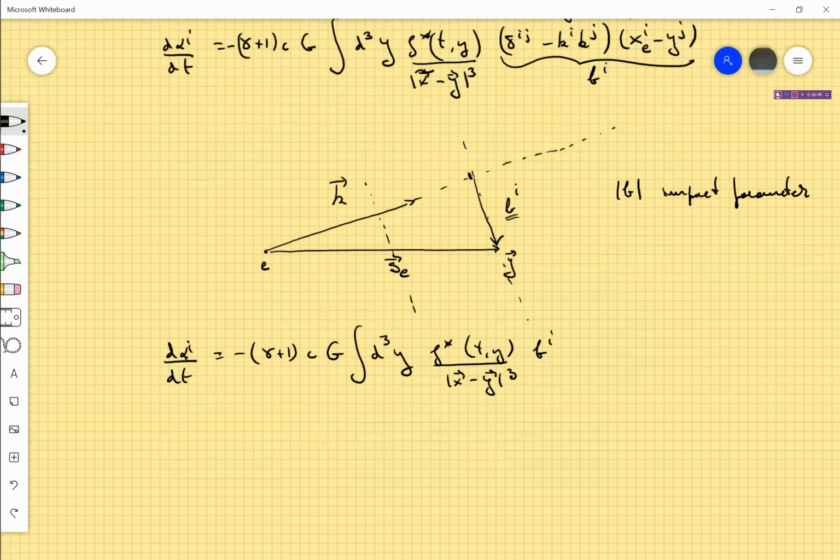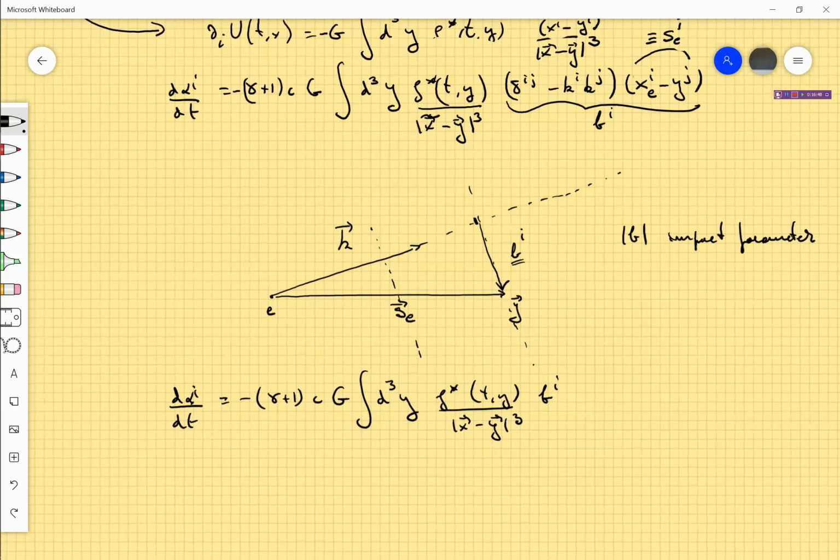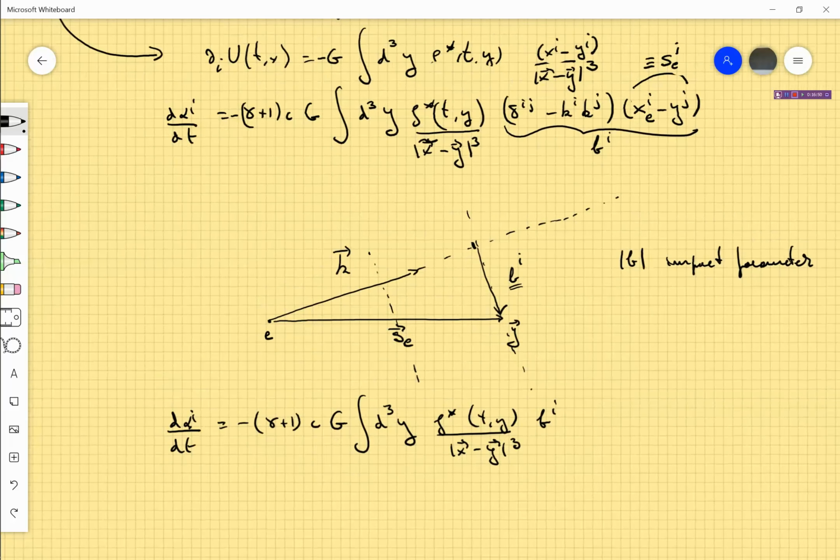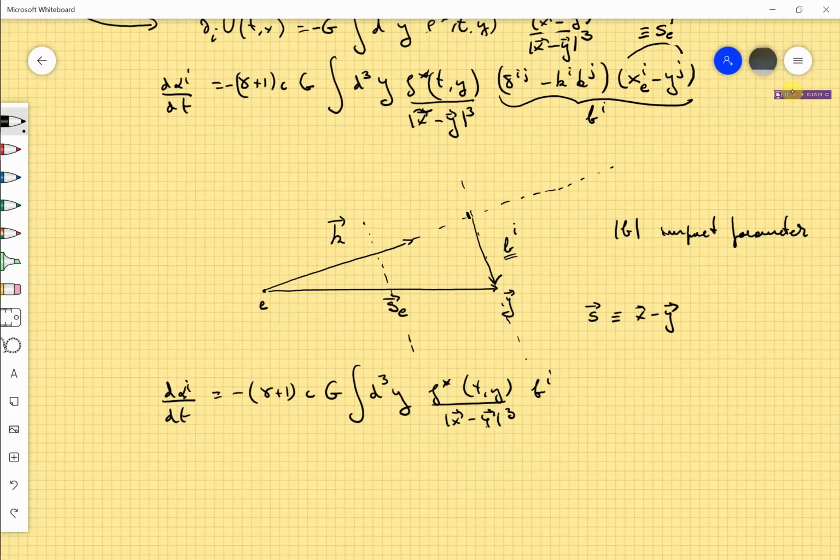Then we introduce a bit more notation in order to simplify further the expression. We call this vector S in general, so S is x minus y, and S_E is a particular case when x is the position of the emission. So with this definition, this would be S cubed.